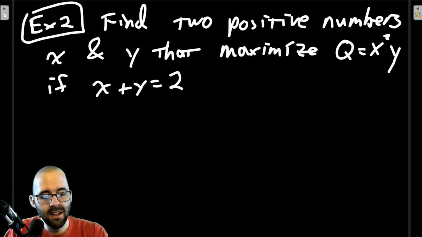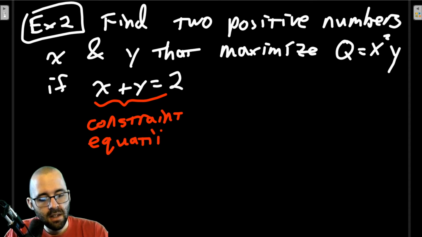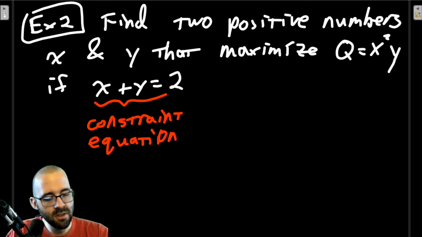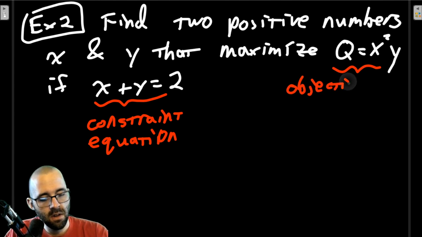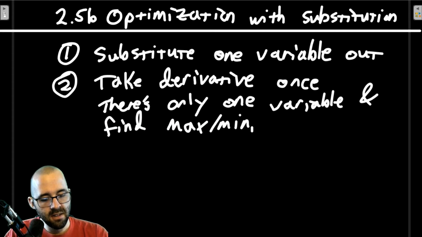All right, so the second thing, this is what's called our constraint equation. And the first equation, it's what's called an objective equation, or an objective function a lot of times. So in our step-by-step process, we substitute one variable out using the constraint.